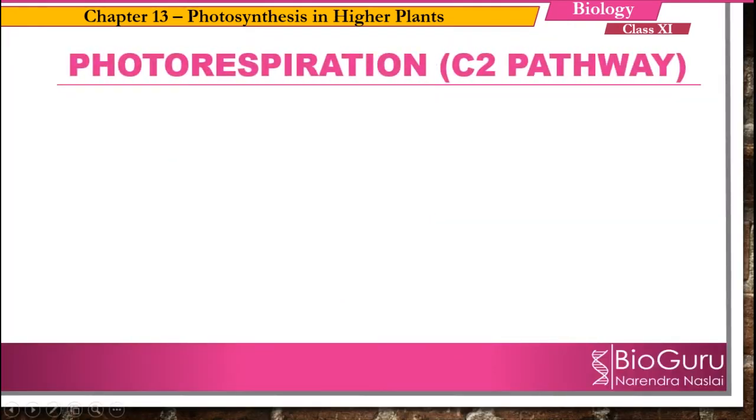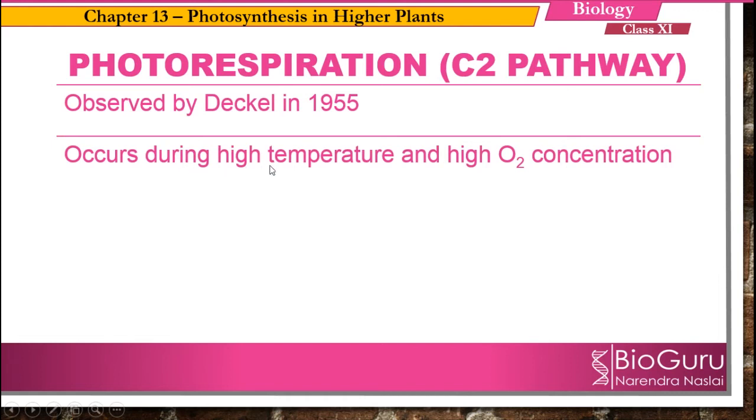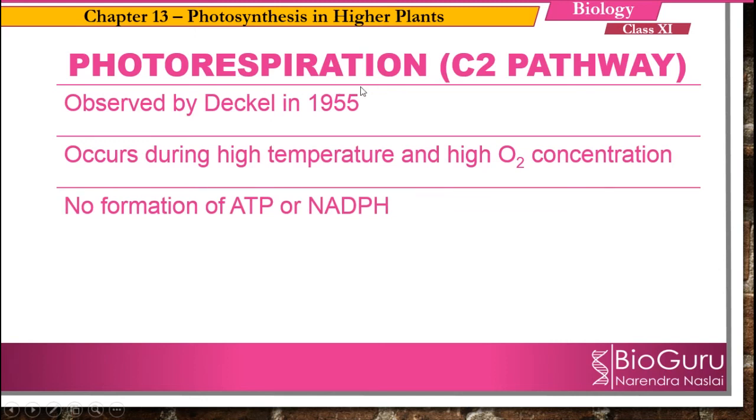Now let us study photorespiration, which is also known as the C2 pathway, observed by Deckel in 1955. This photorespiration occurs during high temperature and high O2 concentration. So when is this photorespiration going to occur? During high temperature and high O2 concentration. And in this pathway, in this reaction, there is no formation of ATP or NADPH.